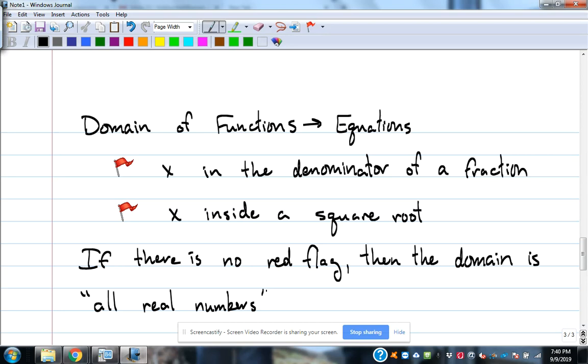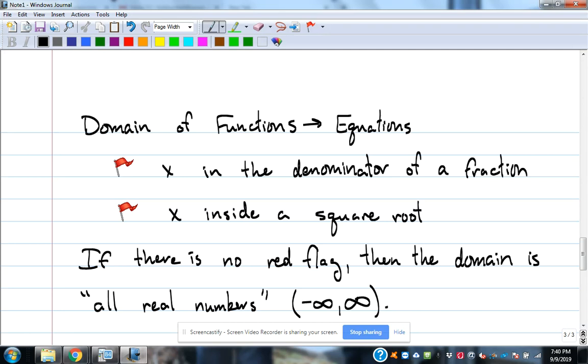And that's going to be from -infinity to positive infinity. That's how we write that, using this thing called interval notation. So, no red flag, it's all real numbers.